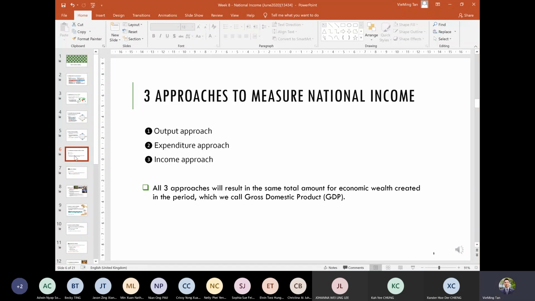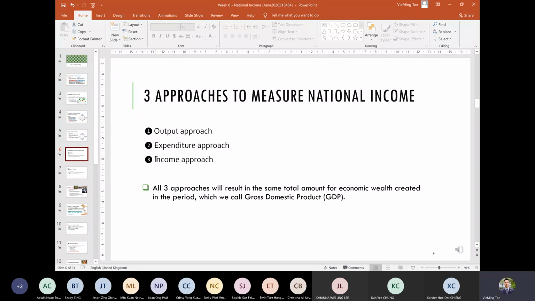If we follow the belief of the circular flow model, no matter which approach we use, the national income value should be similar. This is the belief of macroeconomics. The output approach, expenditure approach, and income approach will provide the same value of national income.